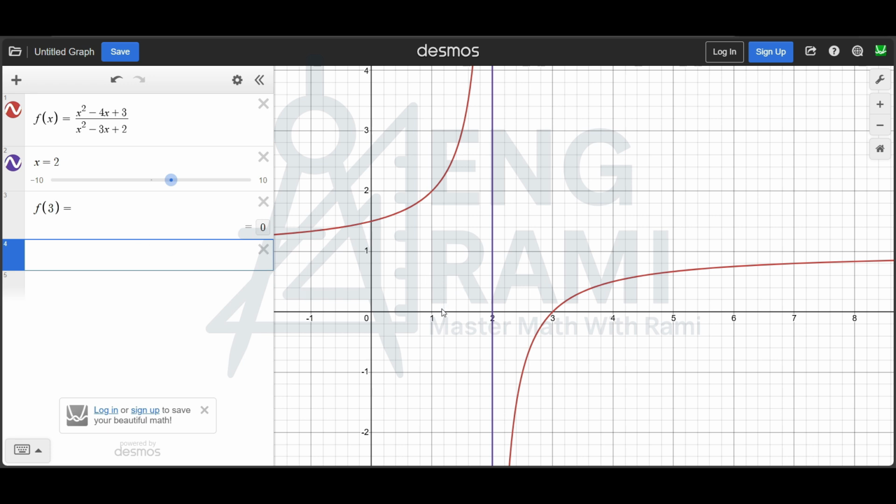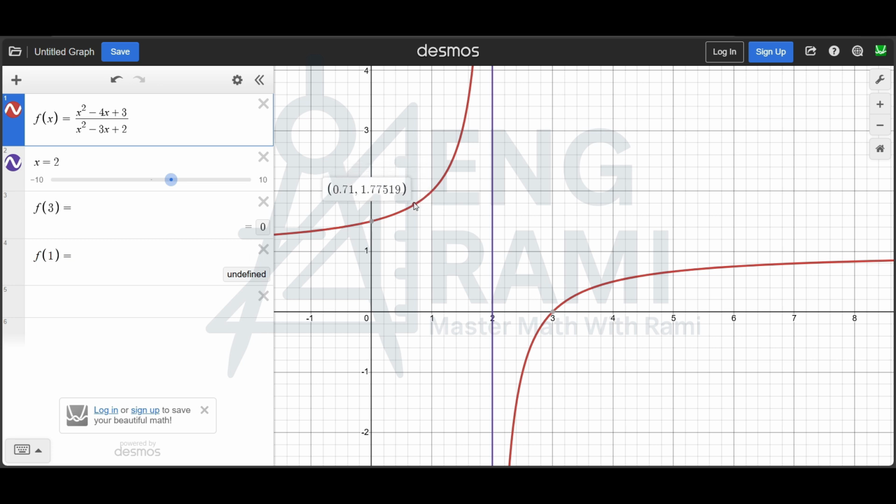What about the hole? There should be a hole at x equals 1. If you move the mouse, you're going to see it change at x equals 1. It's undefined. If you write f of 1 equals, it gives undefined, since it is a hole.